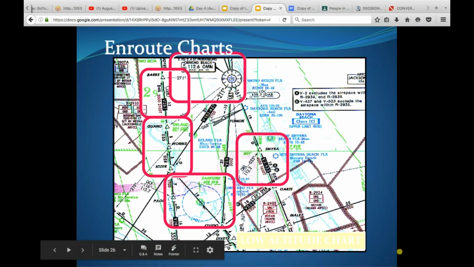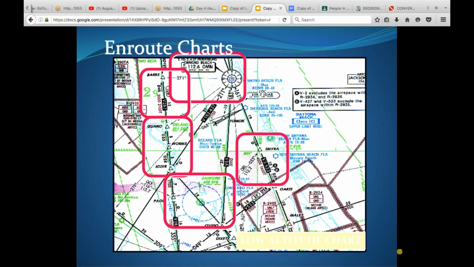It's going to be an airport. So that circle just means an airport's there. This little blue one right here? Yeah. So there's tons of them down there. This one, another one over here, New Smyrna Beach, Daytona. Daytona's got a, do you guys remember what this means?